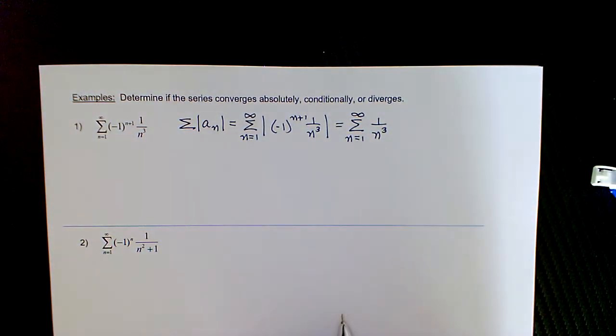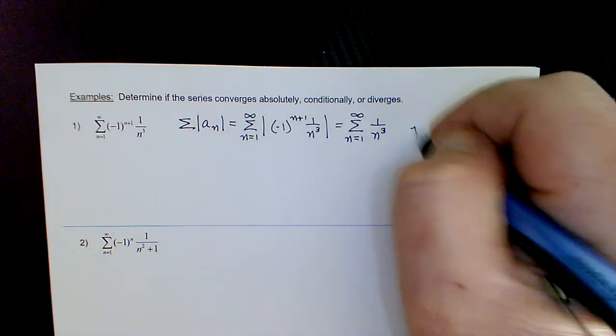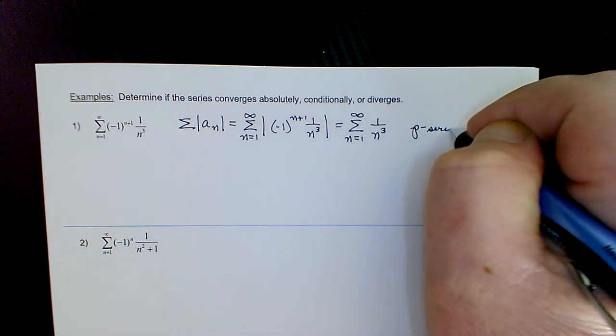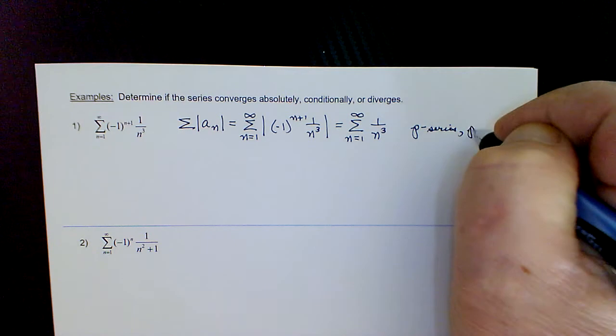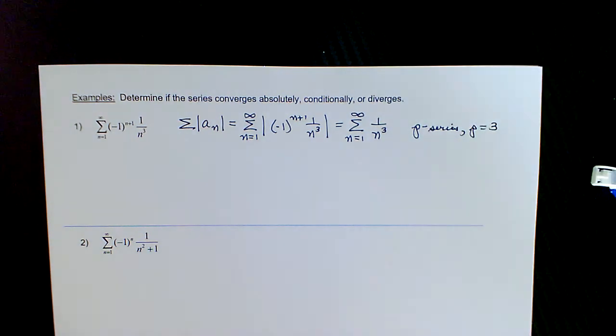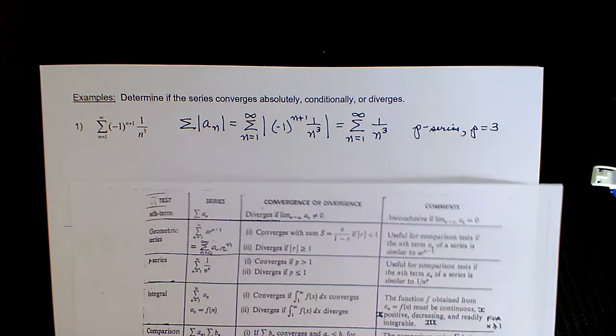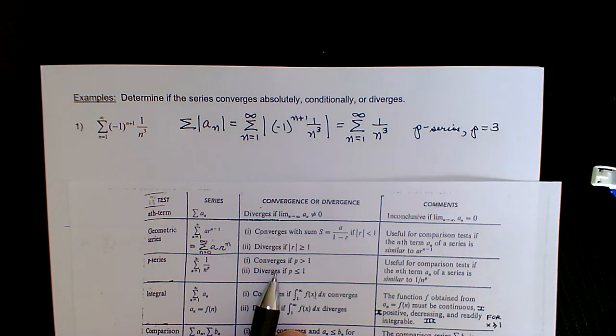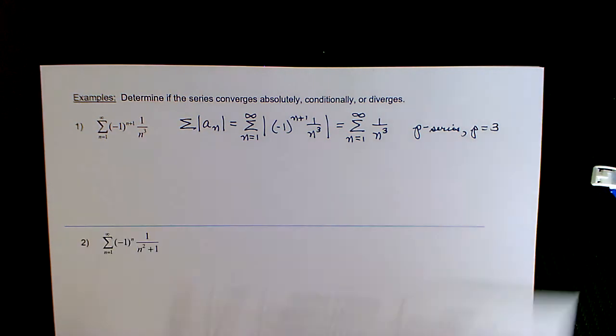And then for this particular series, immediately you should recognize it as being a p-series, where p is 3. And if you have to check your table regarding convergence or divergence of a p-series, if p is greater than 1, the series converges.